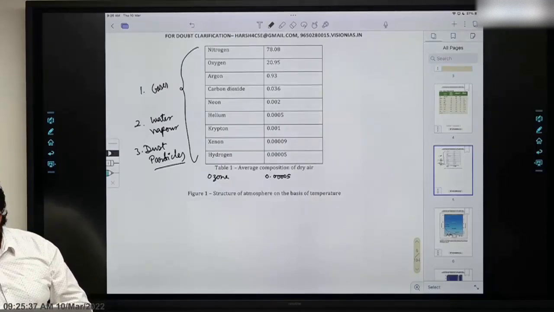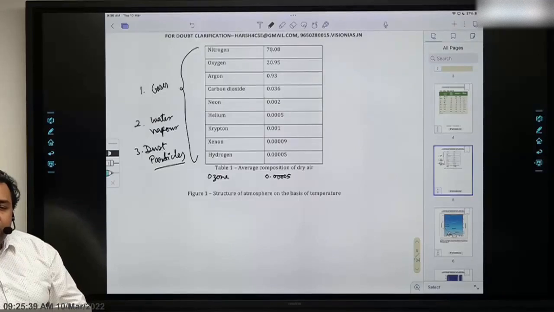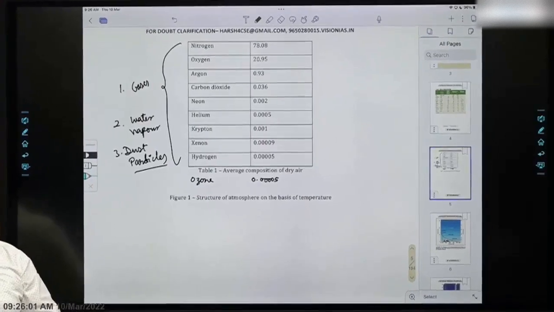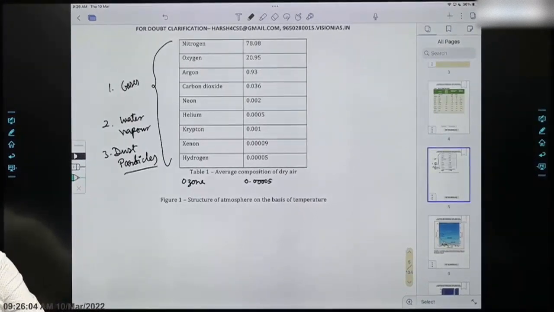With altitude total moisture decreases because temperature also decreases. Therefore, capacity to hold moisture also decreases.